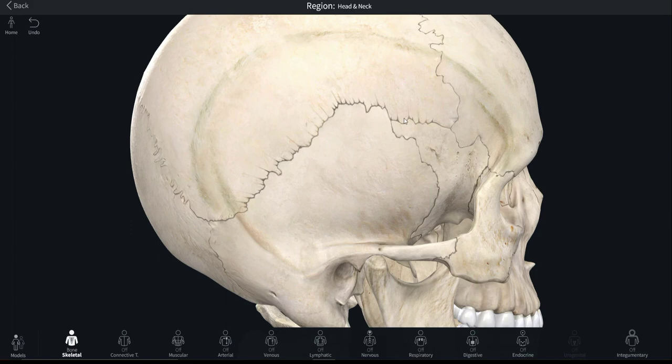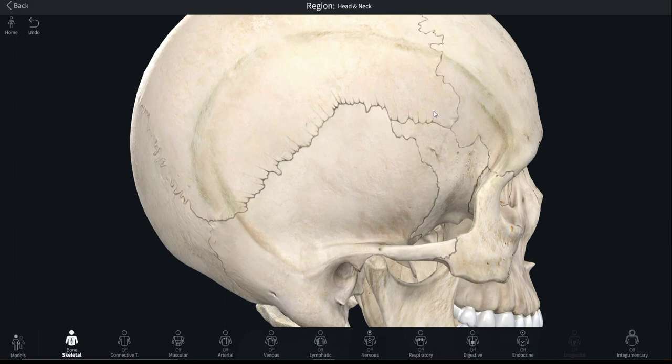These four bones together, their meeting point is called the pterion. All right, pterion. So again, I'm repeating it very fast. The antero-inferior angle of the parietal bone articulating with the frontal bone in front, greater wing of sphenoid below, and the squamous part of the temporal bone behind. Together, these four bones, their meeting point is known as the pterion.